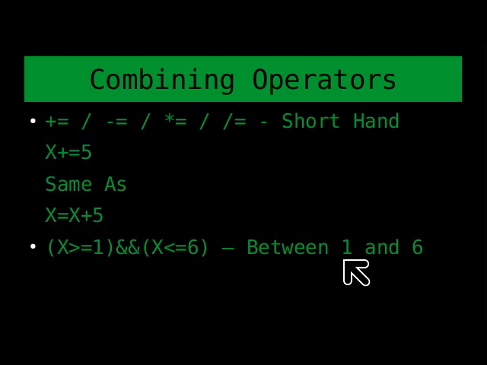But if I had a number between 1 and 6 and threw it into this, I would get true. If I had 0, I would get false. If I had 7, I'd get false as well, because I'm above 6. If I have 6, I'm true. If I have 1, I'm true. It's got to be in that range, inclusive.